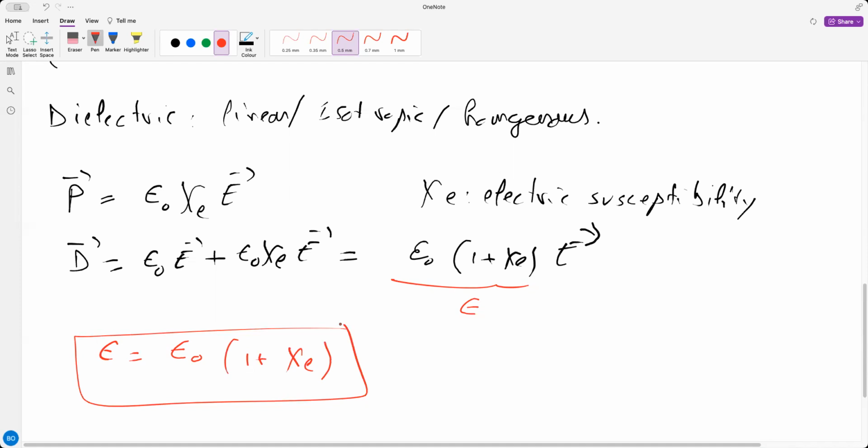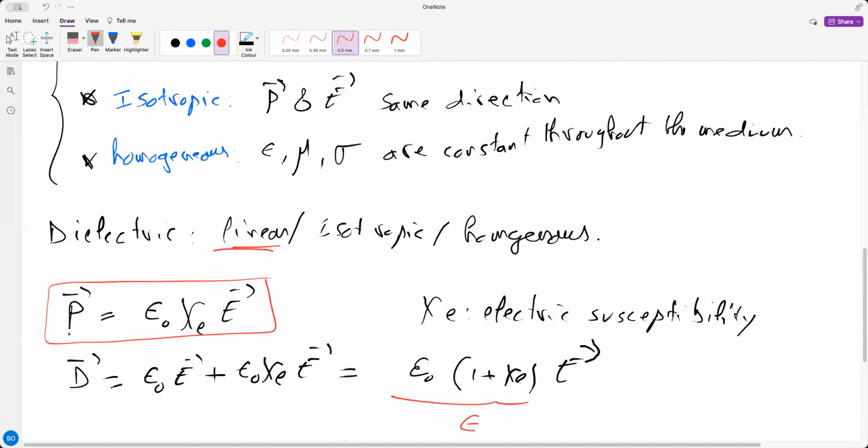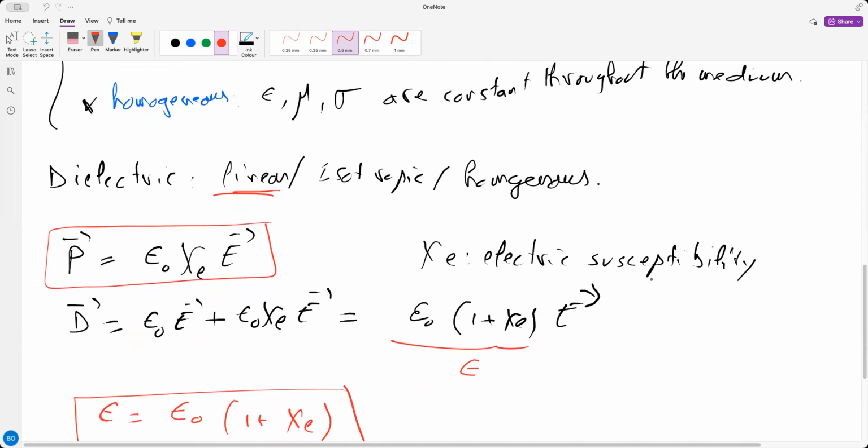We are able to do this because, if you remember, it's linear. Linear means that the polarization field is proportional to the electric field, and this proportionality factor is called the electric susceptibility. Any question?